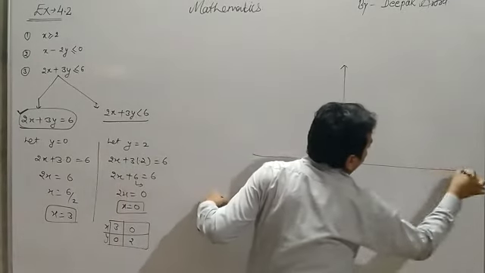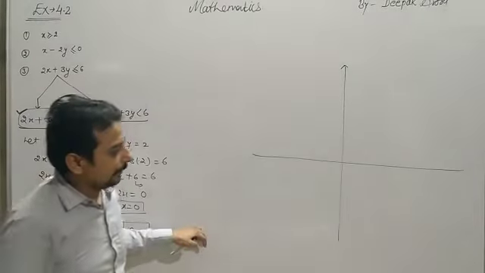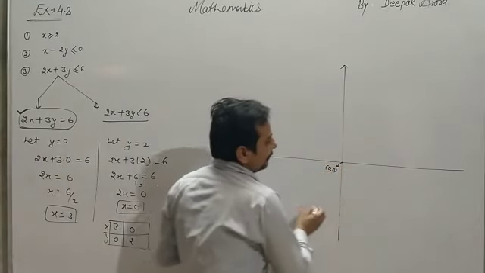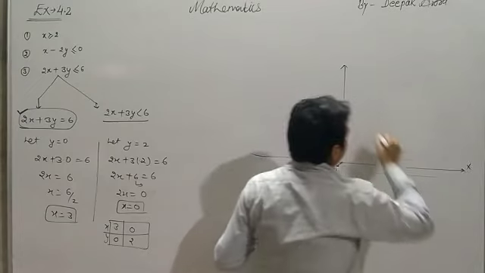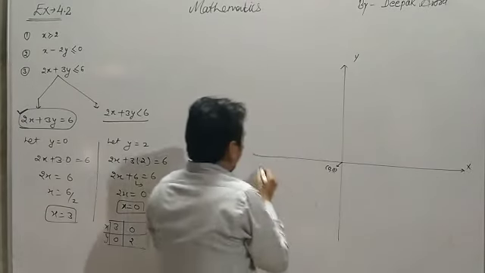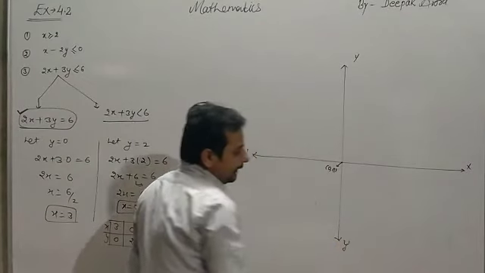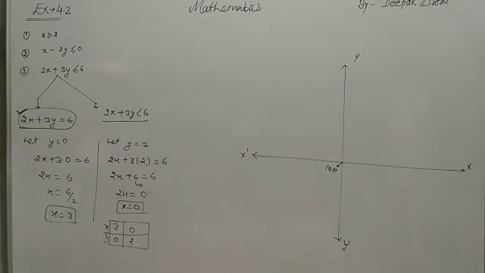Again, in the graphical method, we know the origin point is called (0, 0). The right side is the x-axis, the upside is positive y, the left side is negative x, and the downside of the origin, y dash, is also a negative value.